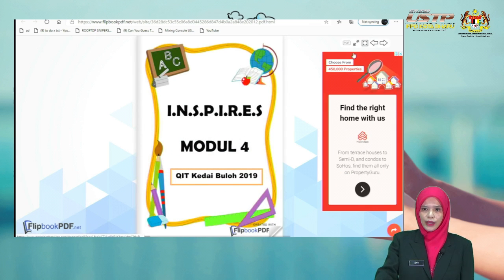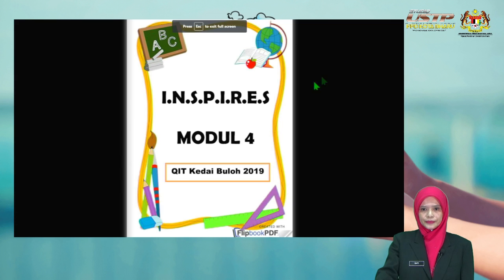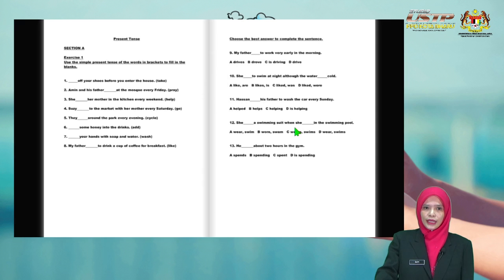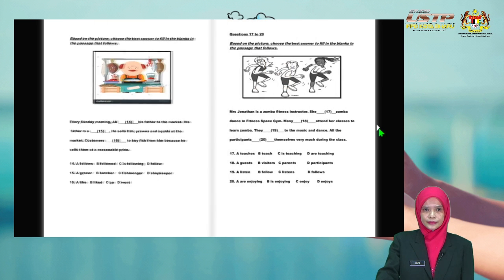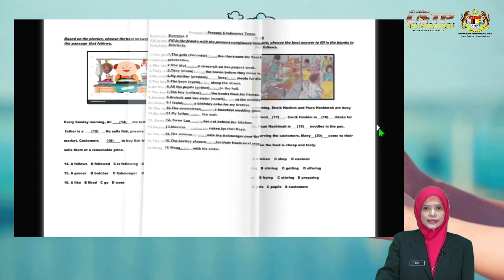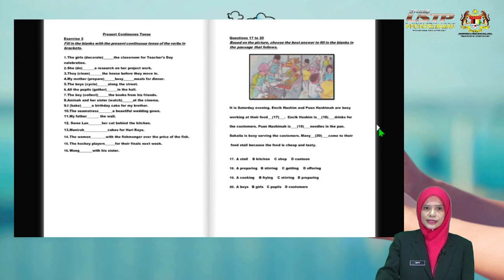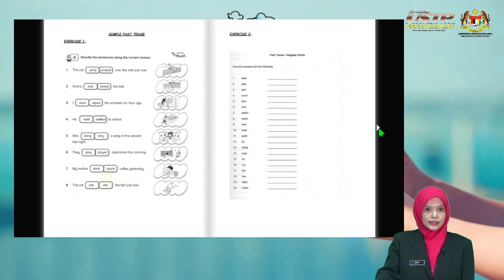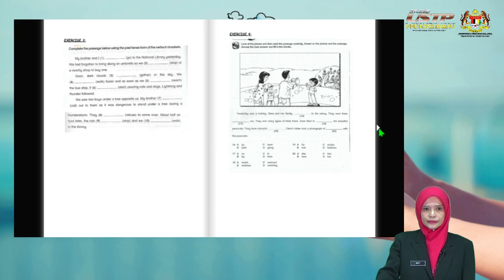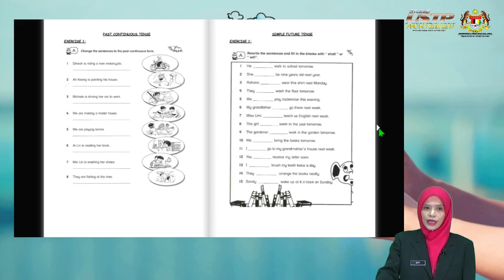This is the Inspires Module 4. In this module, we have exercises for present tense, still for present tense, we have exercises for present continuous tense, simple past tense, exercises for past continuous tense, and for simple future tense.